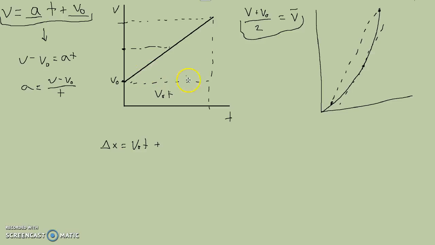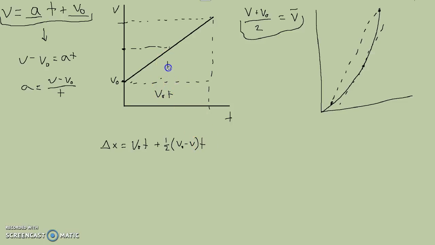And then we have this triangle here. Area of a triangle is going to be 1/2, and this is a height from v naught to some amount v. So it's the difference between those, times the width here of t.